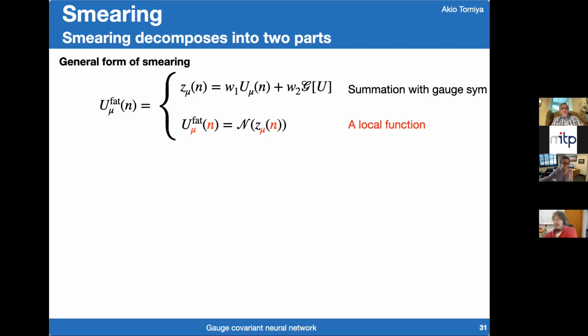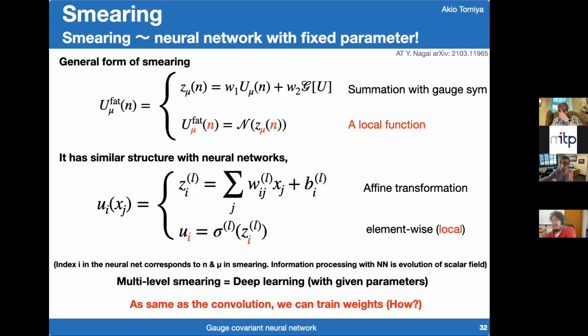So at that time, I realized that this has a similar structure to neural networks. As we have seen, a neural network is an affine transformation and a local transformation.